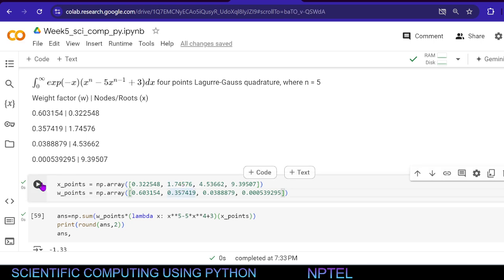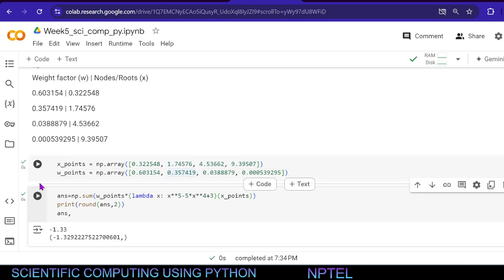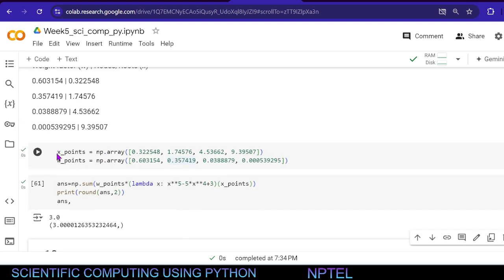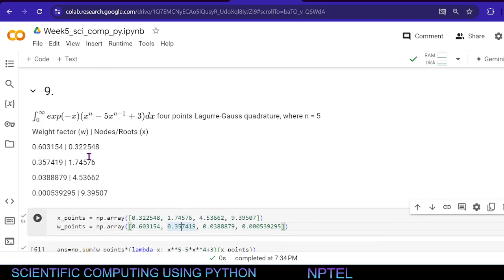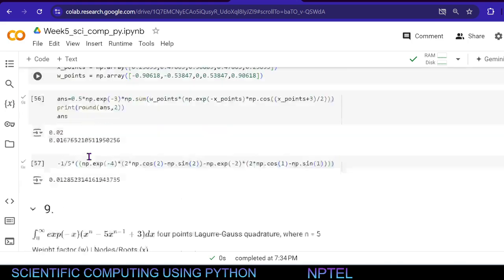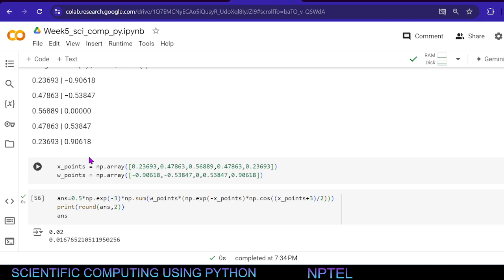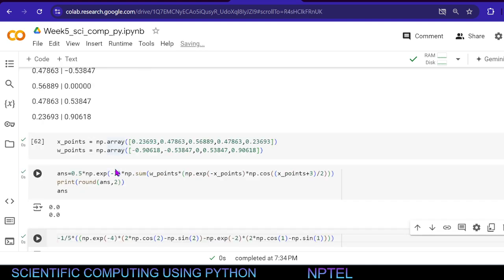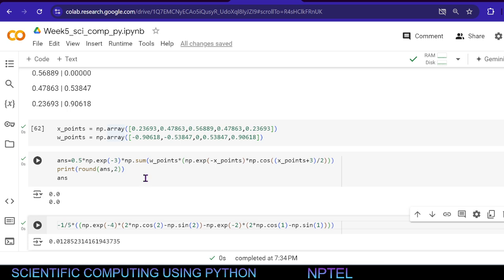Oh, did I run this? Yeah. So the mistake was that I didn't run this, so it was considering the previous x points and w points. Okay, maybe was that the issue here? I hope not. Oh, then it's showing 0.